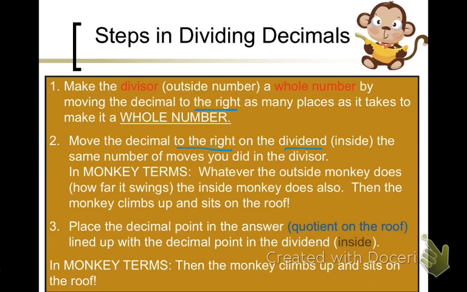In monkey terms, whatever the outside monkey does, the inside monkey does. Once we move those decimal points, we are going to bring it up, lined up from the inside onto our answer, to our quotient.